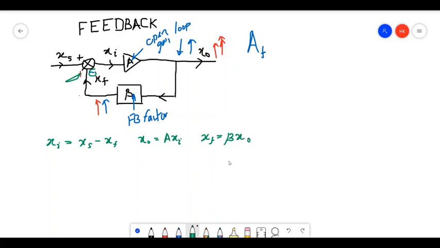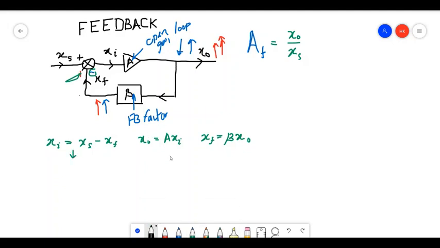So the closed loop gain is actually x_out divided by x_s, that is the output of the system divided by the input of the system. So we need to find the relationship between these two. So I'm going to use this equation.